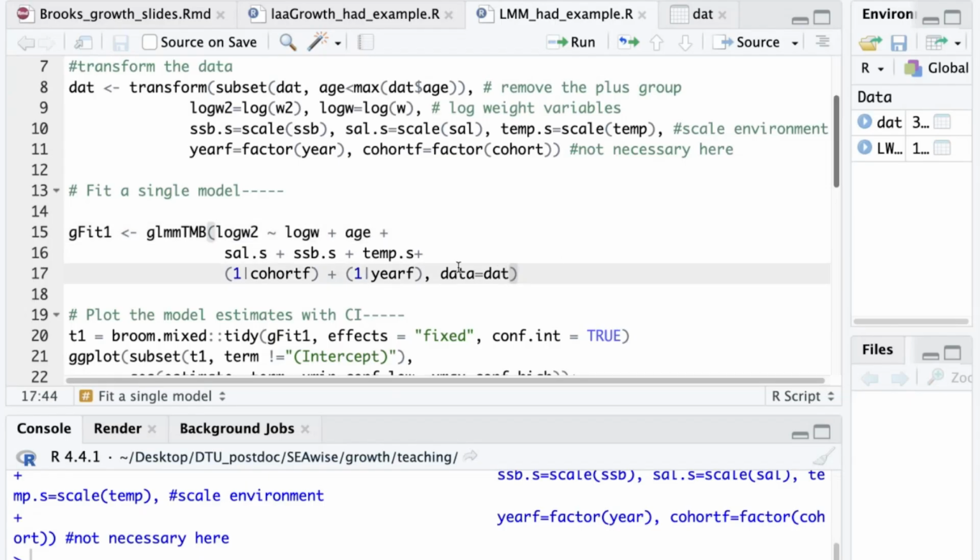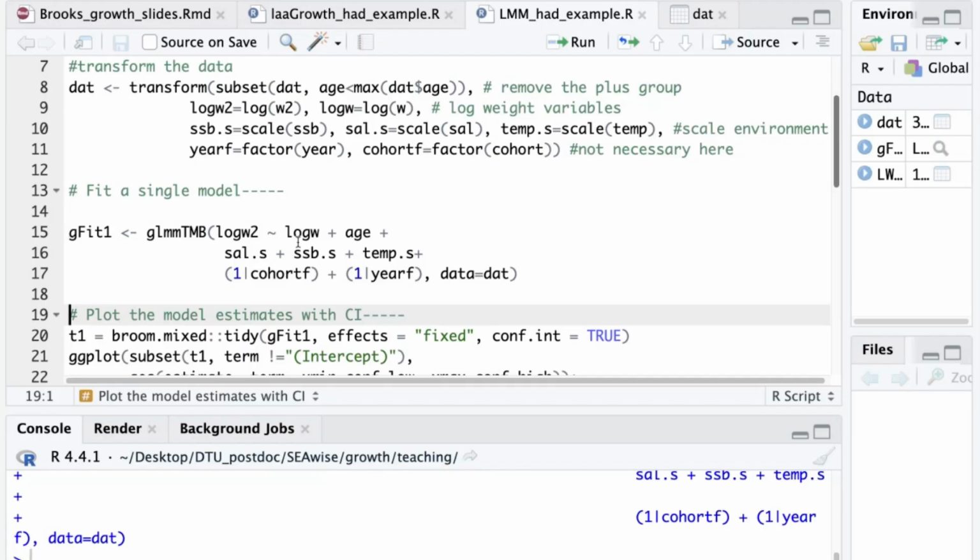Since I don't say anything about the family, it's automatically a normal distribution. So it's assuming that log weight is normally distributed, which means weight would be log normally distributed. I'll talk about the details of that distribution tomorrow, but it seemed like too much mathematical complexity to talk about today. So for now, just note this means weight is log normal.